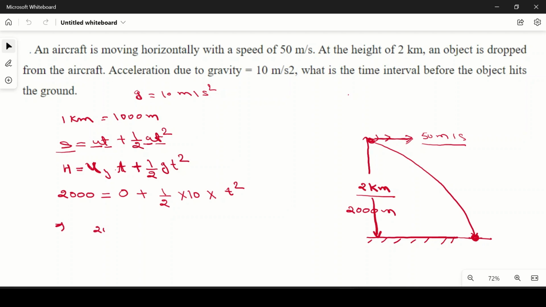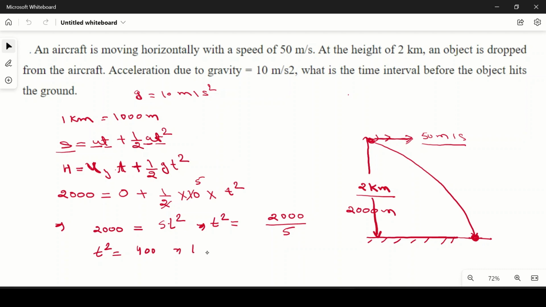So 2000 is equal to 5 t square. So t square is 2000 divided by 5, so t square is 400.